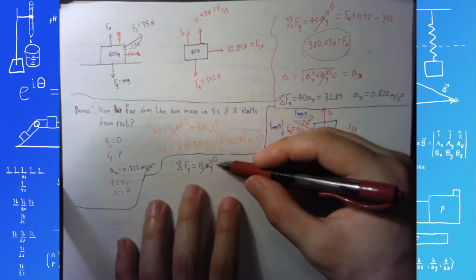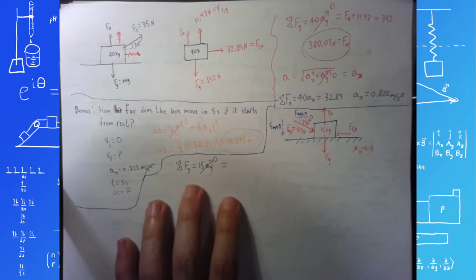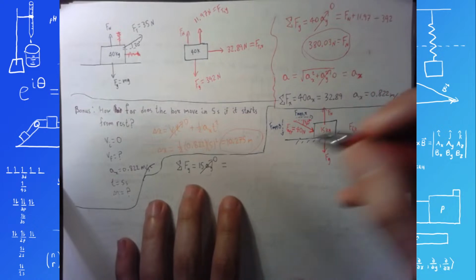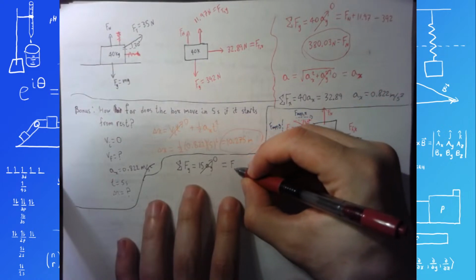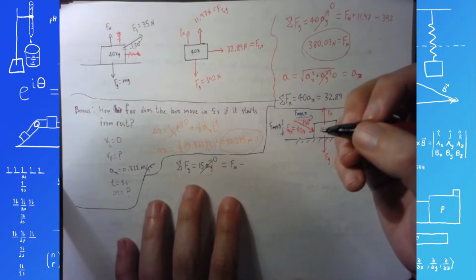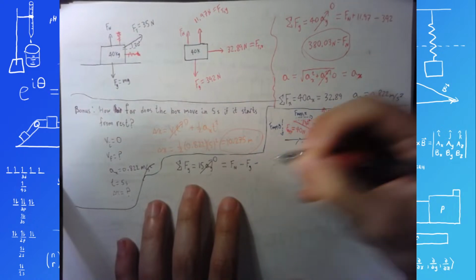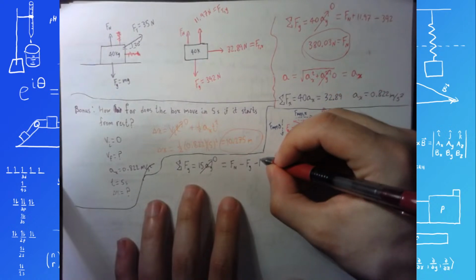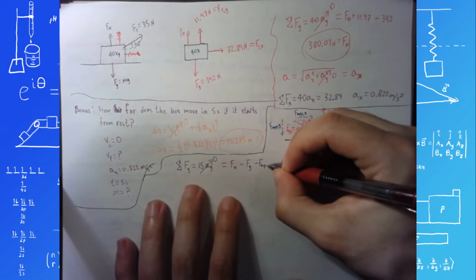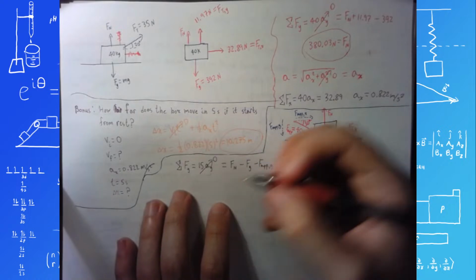At the end of the day, 0 up is the same as 0 down, so it's not really going to matter. Normal force upward minus downward, we've got mg, and we also have force applied y. So those are both going to be subtracted.